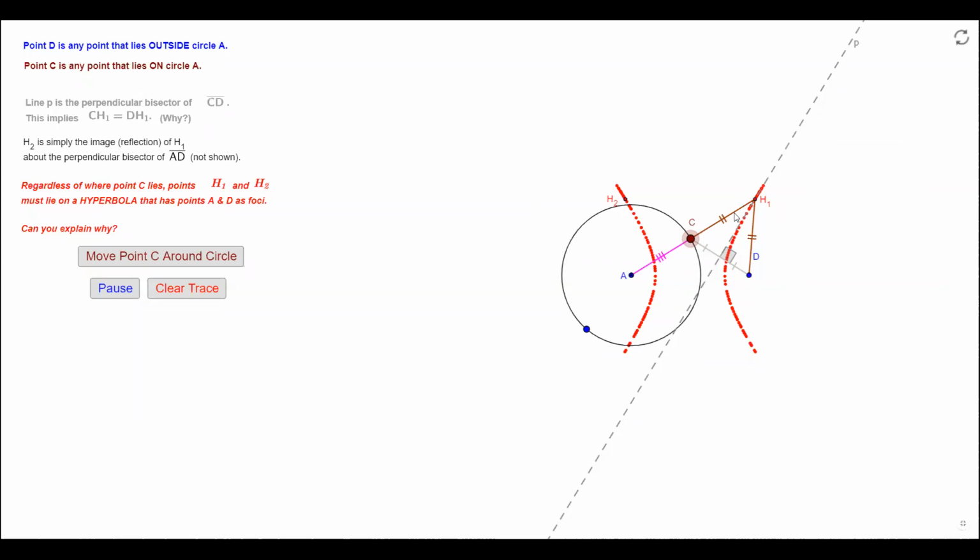Anyway, so from A to H1 is made up of the radius AC and then C to H1.